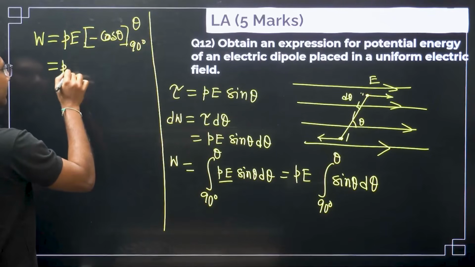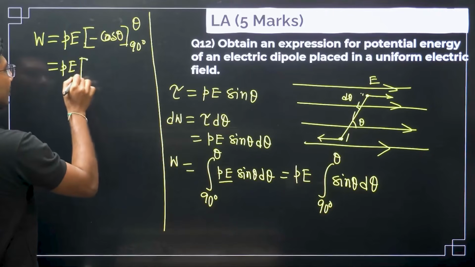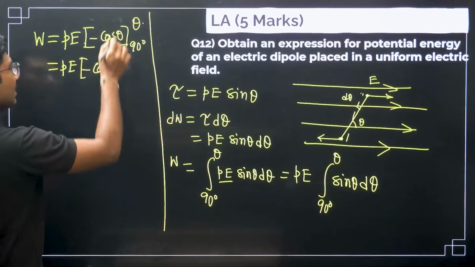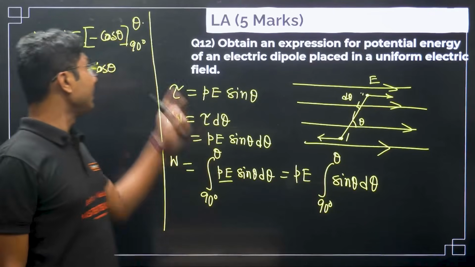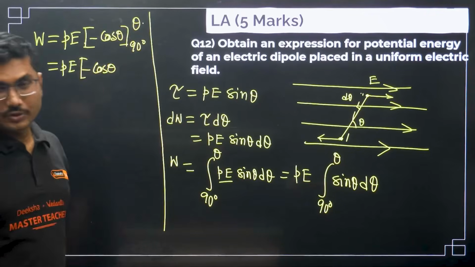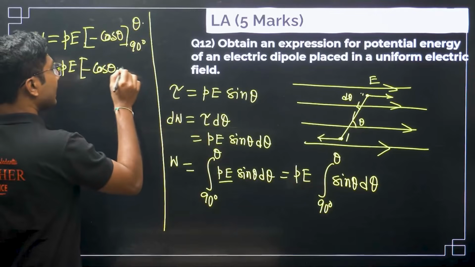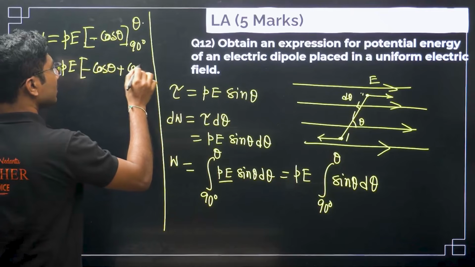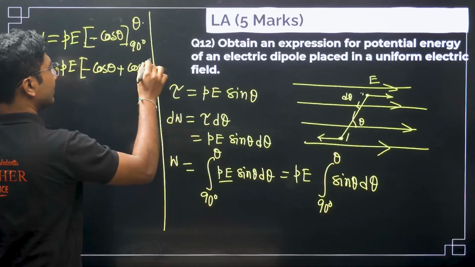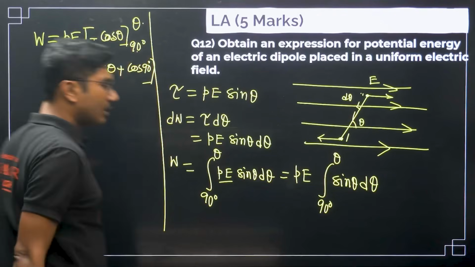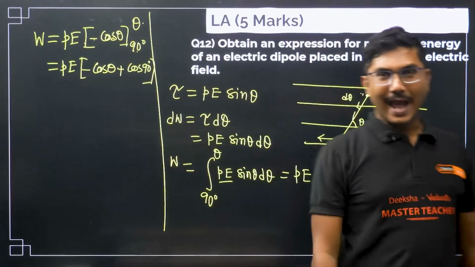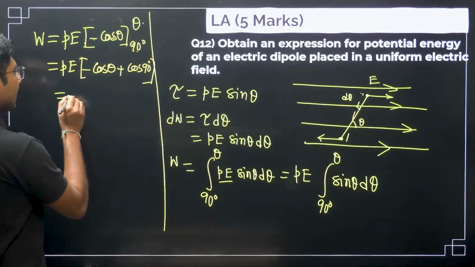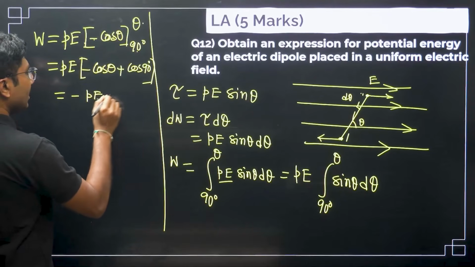In definite integration, we first put the upper limit, so cos theta, theta stays theta, so nothing changes. Then minus, and there is a minus, so plus cos 90 degrees: in the lower limit we replace theta by this angle. Cos 90 is 0, so we get this as minus PE cos theta.